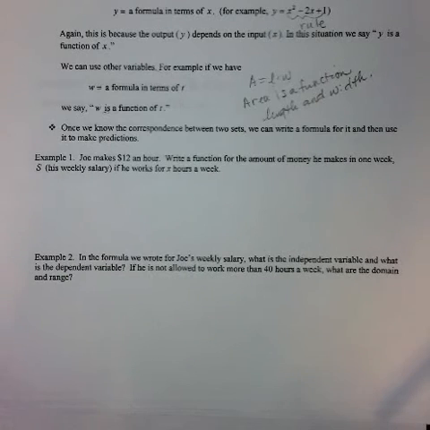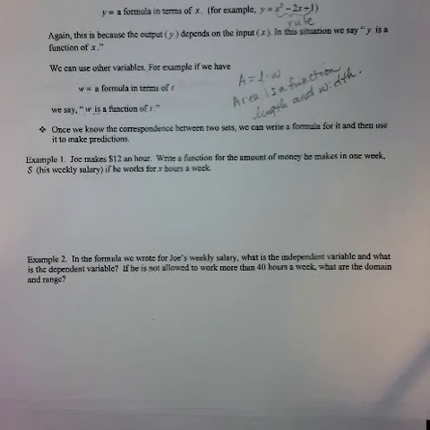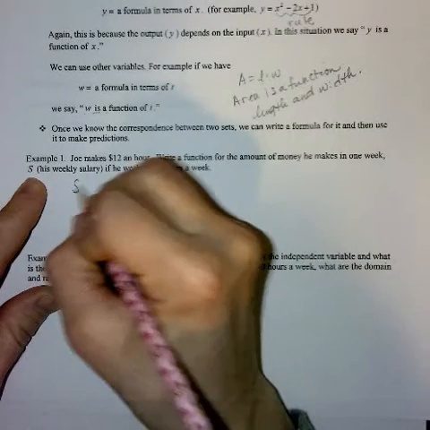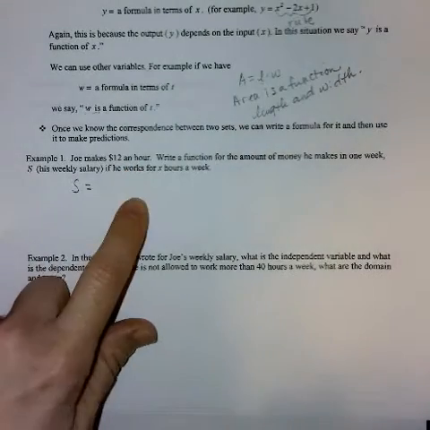So if we understand the relationship between 2 sets, we can go ahead and write the formula ourselves. Here's a real simple example. It says Joe makes $12 an hour. Write a function for the amount of money he makes in 1 week, which we're going to call S, and that represents his weekly salary, if he works for x hours a week. So we want a function for S. That means we're going to have S equals, and how can we calculate S, his salary?